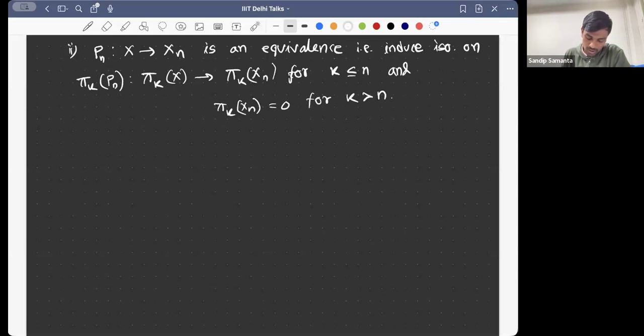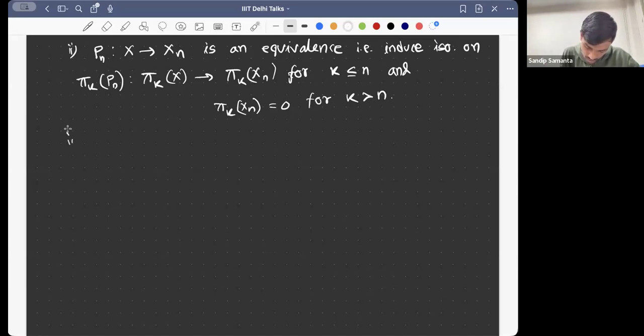The construction is basically you just kill all the higher homotopy groups after the nth level, without disturbing the homotopy groups at the lower level. So X sits as a subcomplex of this complex X_n at each nth level, and similarly X_(n+1) is again a bigger complex that includes X_n as a subcomplex.